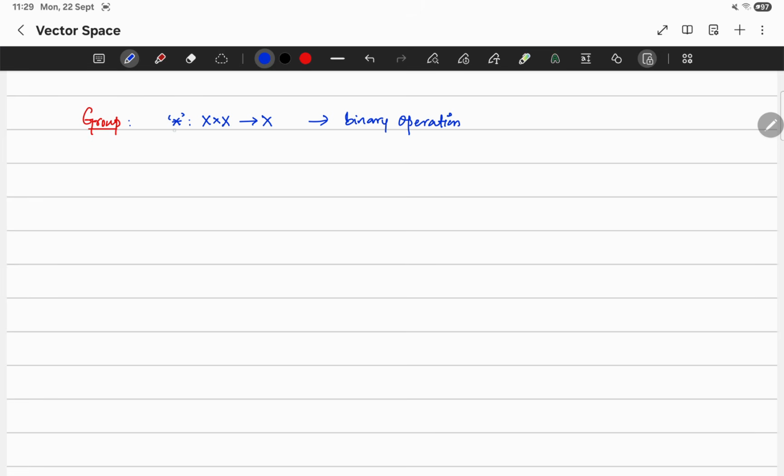Then we said that if under this binary operation the set is associative, meaning if we take arbitrary elements a, b, c of X, (a star b) star c is equal to a star (b star c), then we say it is associative.